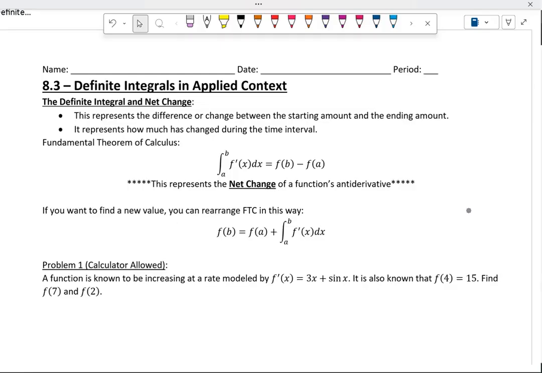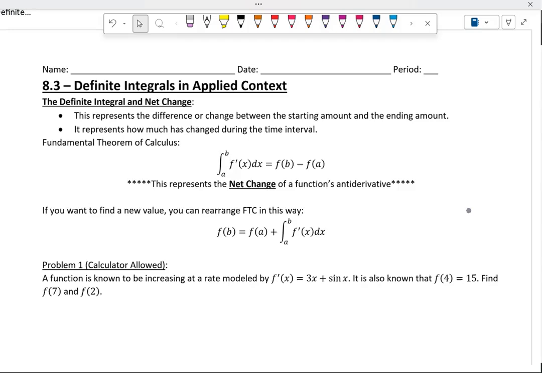So we have our definite integral and net change. Have we talked about net change the last couple days? Yes, that was our displacement, right? The word displacement primarily focuses on straight line motion, but the more general term is net change.